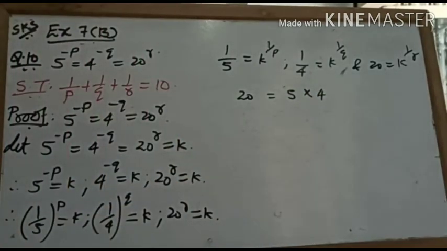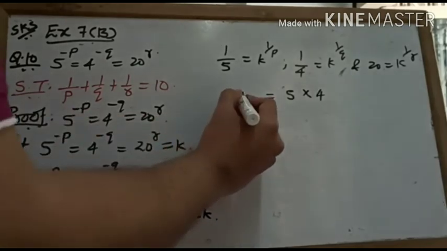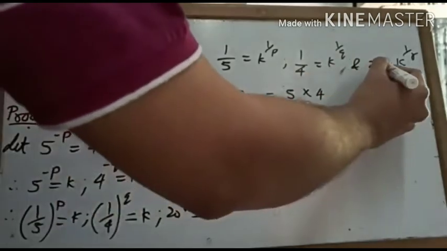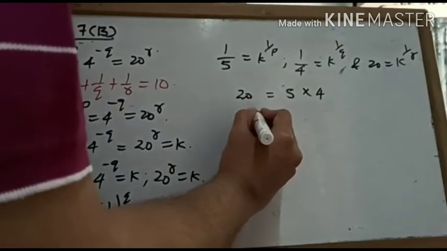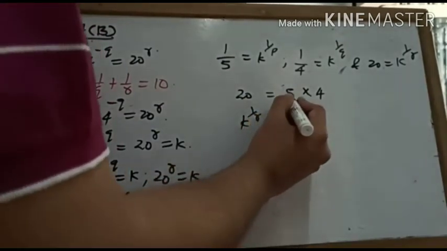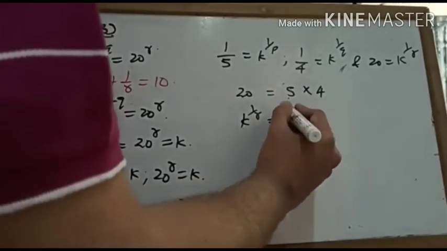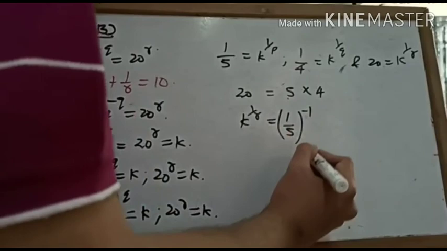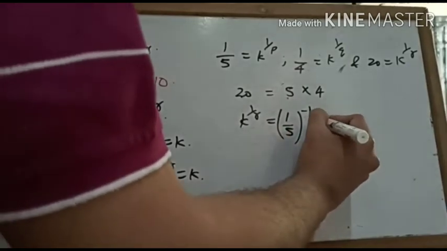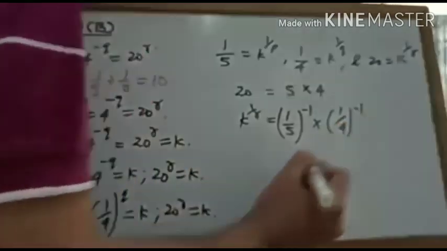We know this very well. That's a very simple factorization. Now 20 can be replaced by k raised to 1 upon r. If I take this 5 as 1 upon 5, then it will be raised to negative 1, and 4 can be written down as 1 upon 4 whole raised to negative 1.